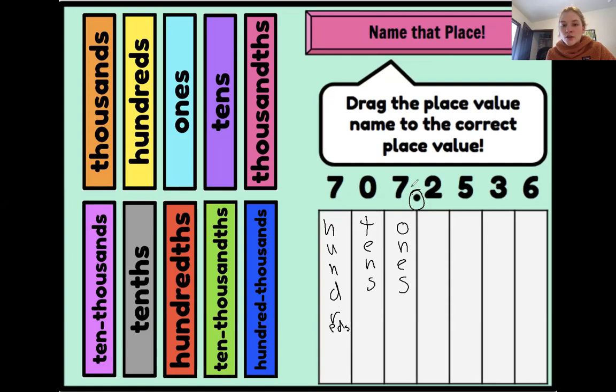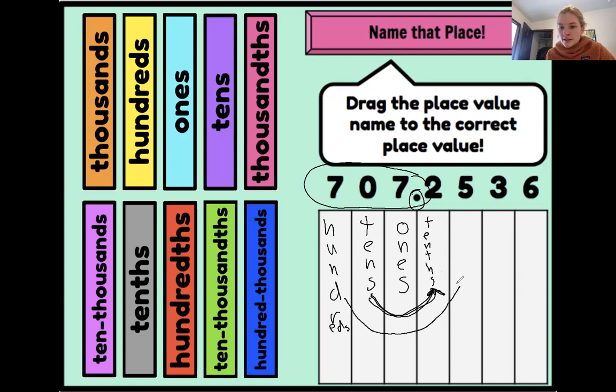All right, so here are my whole numbers. I've got those all done. Ones, tens, hundreds. Beautiful. Now I get to repeat this system. If I'm not quite sure, I can just draw my nice little line over my ones place. So tens, oh, this is the tenths.